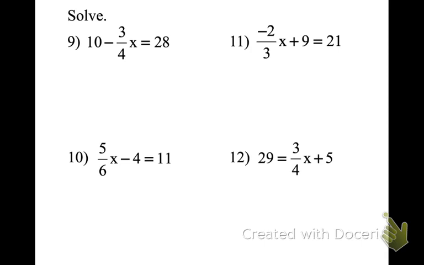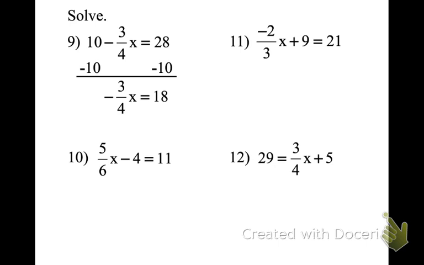All right. Looks scary, not so scary. Undo these one piece at a time. So, number 9. Let's get rid of the 10 first. The opposite of 10 is a negative 10, so I'm going to subtract 10 from both sides. Negative 3/4 x equals 18.